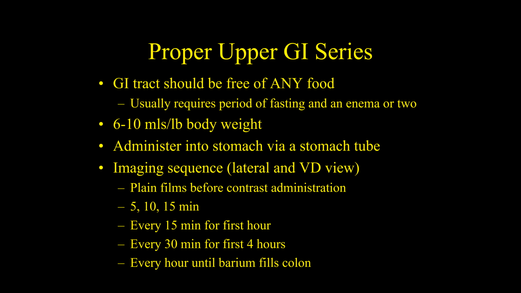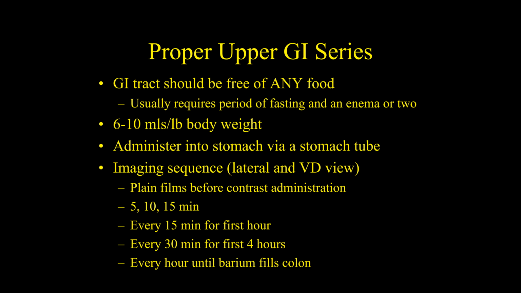Okay. You also want to administer the barium via a stomach tube into the stomach, not the trachea, but into the stomach. Okay. You don't give it by mouth. You don't give it by a syringe and let the dog eat it. You don't put it in a food bowl, mix it with kibbles and dog food and let the dog eat it. Okay.